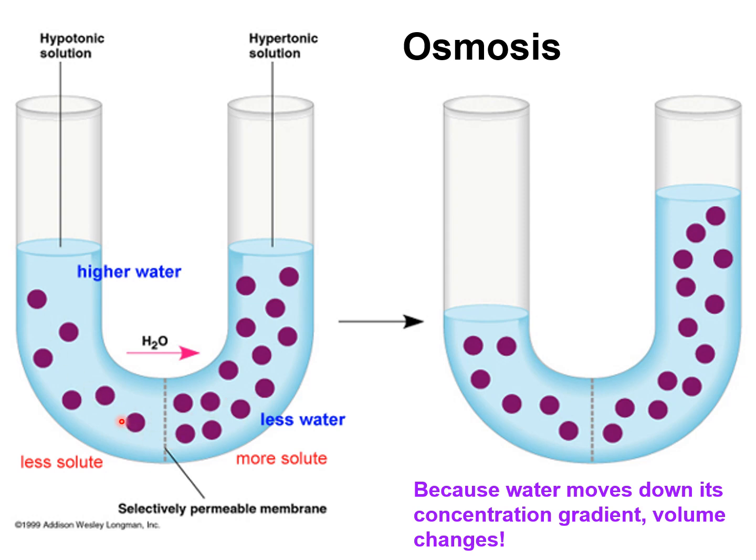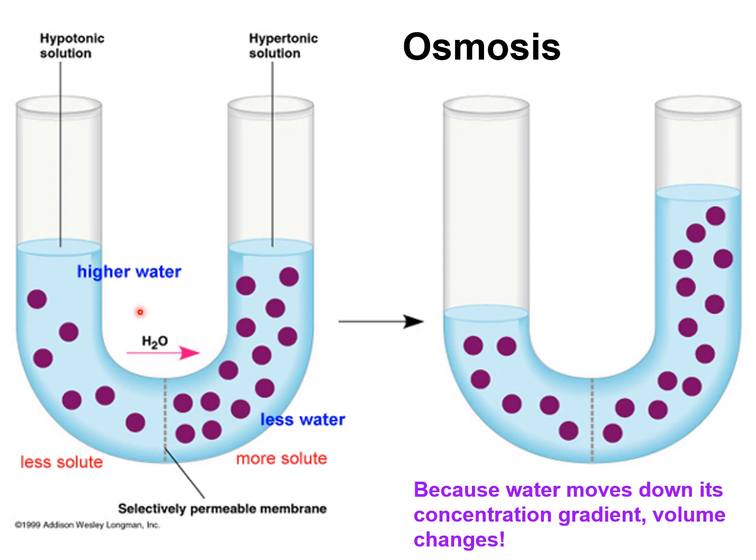You can see we've got less solute on the one side and more solute, more salt on the other side. When you have less solute, that means you have more room for water. So we'd have a higher water concentration on the left side. And on the right side, we've got more solute, which means we have less room for water, so we have a lower water concentration on the right side.